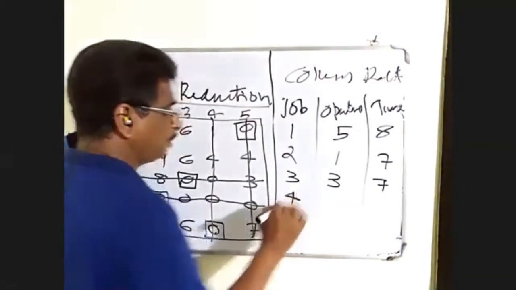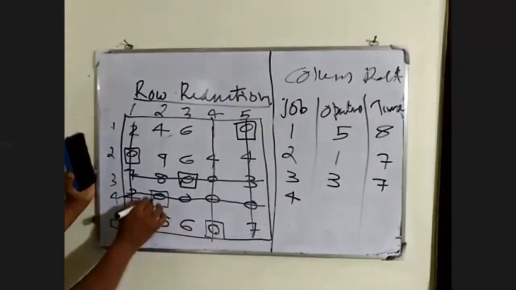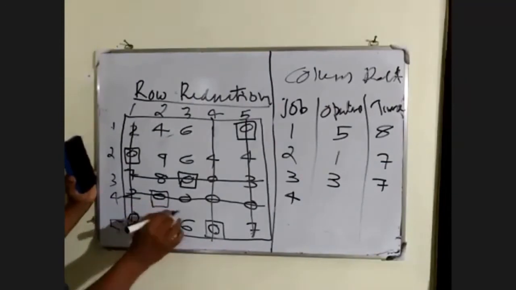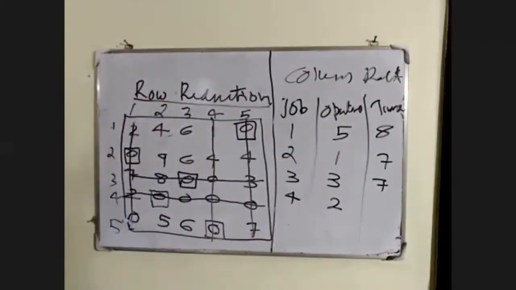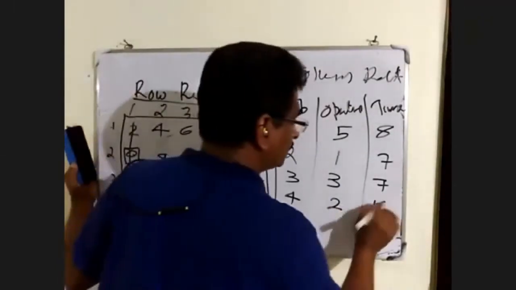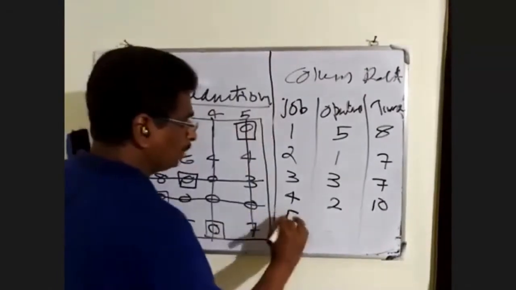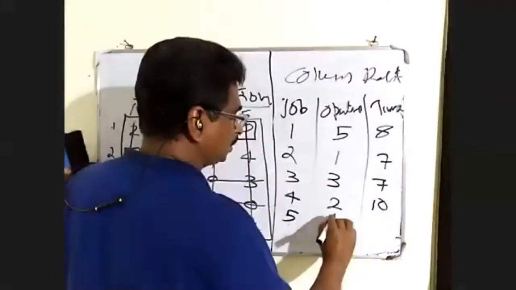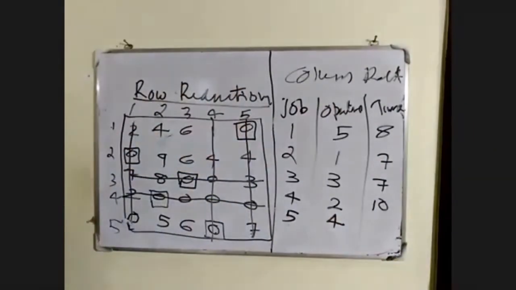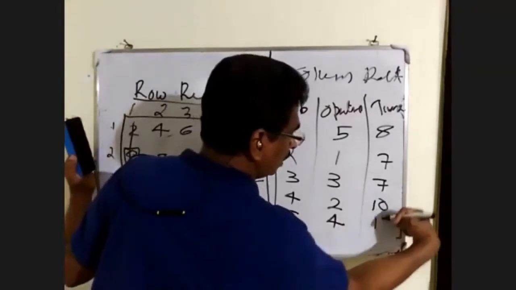Fourth job should be given to the second person. What's the time? 10. Fifth job should be given to the fourth person. What's the time? 11.